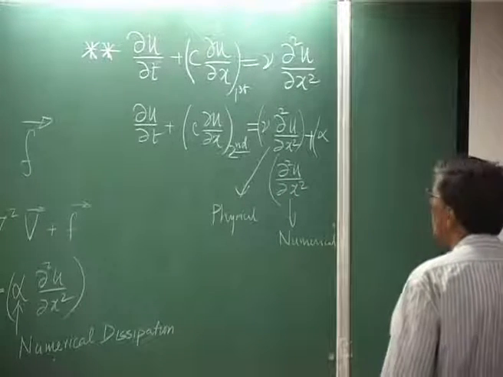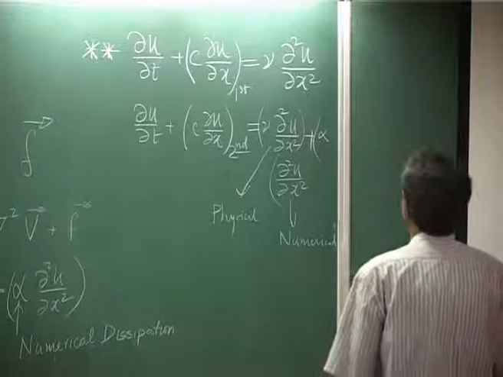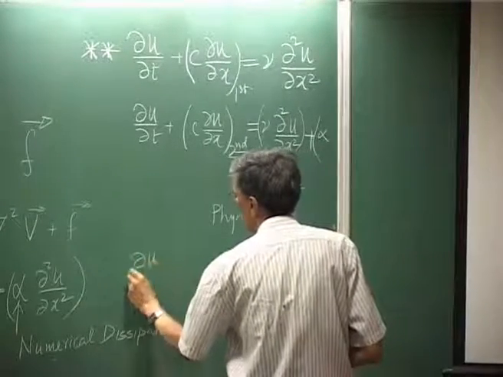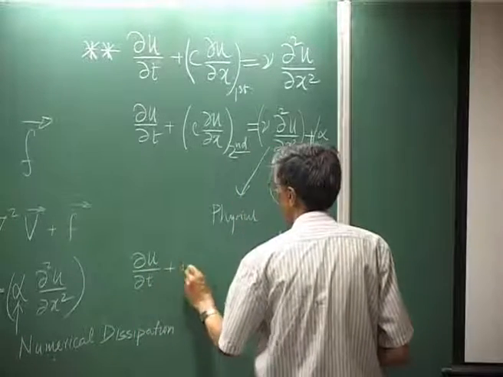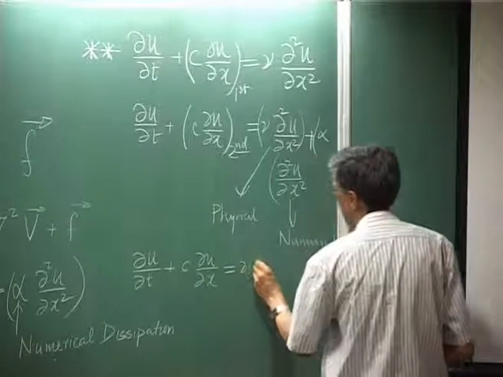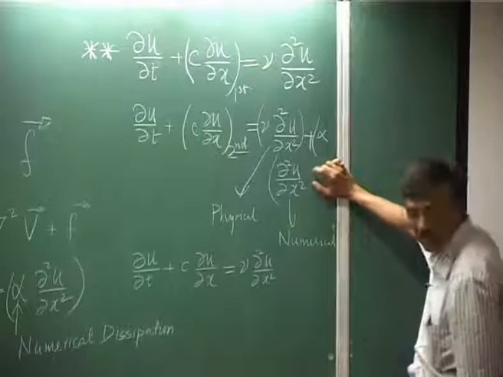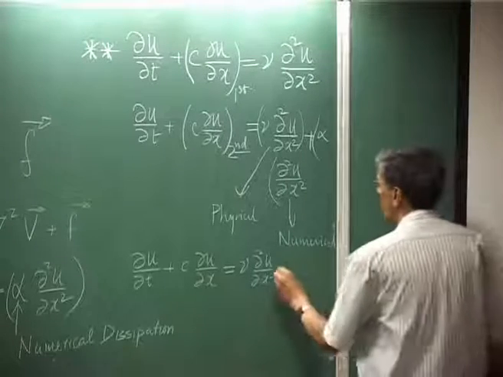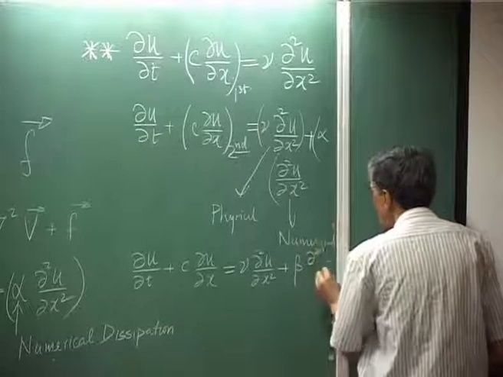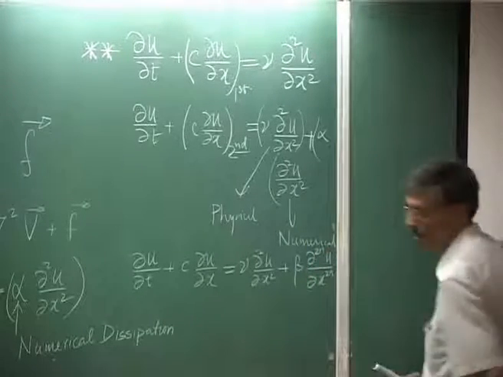So, what one can do is, instead of going through this route, will not do this exercise. Suppose I do it like this. So, I have the physical dissipation term, and the numerical dissipation, instead of adding with second derivative, I will add it with, let us say, some even higher order derivative, right.